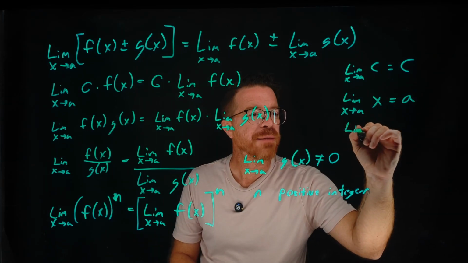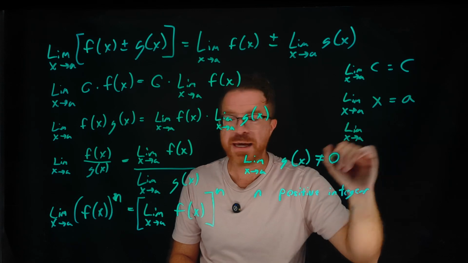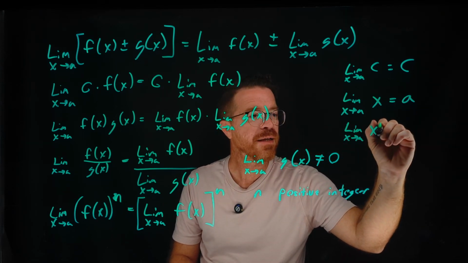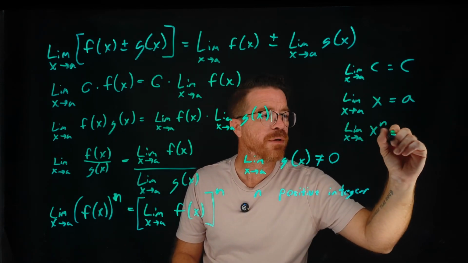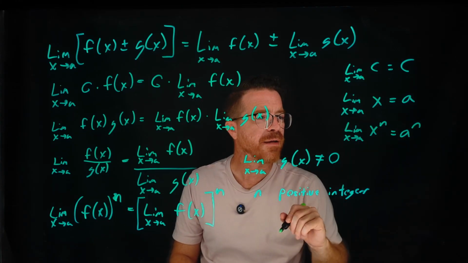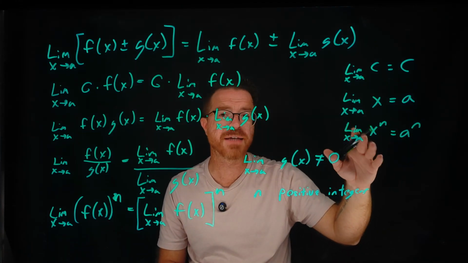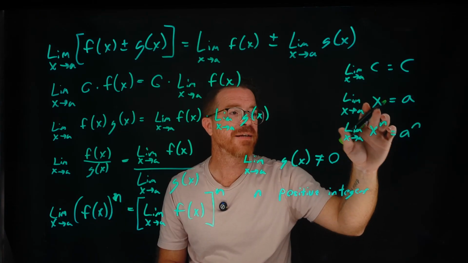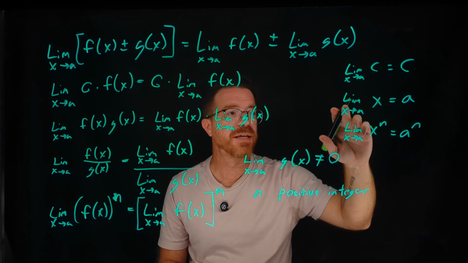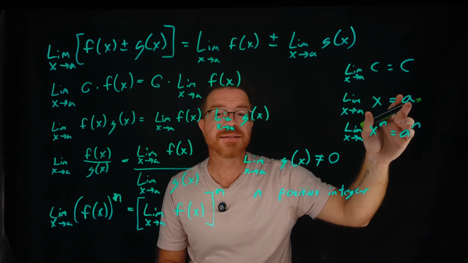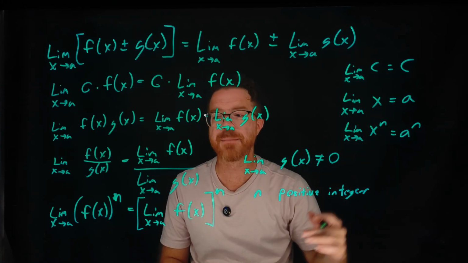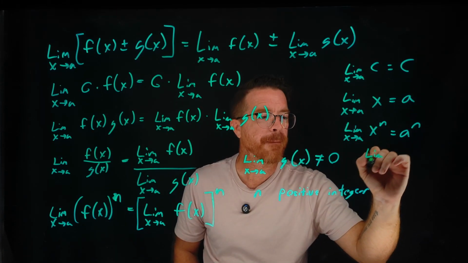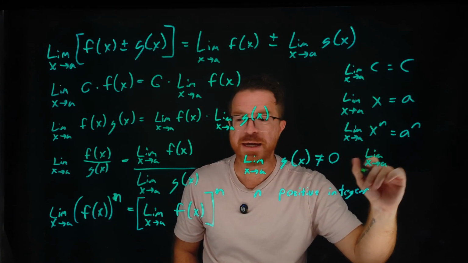If we have the limit as x approaches a of x to the n, this is equal to a to the n. Because what's happening here is that x to the n is the same thing as taking the limit as x approaches a of x, taking the whole thing to the nth power. We said the limit as x approaches a of x is equal to a, so this should just be a to that power.